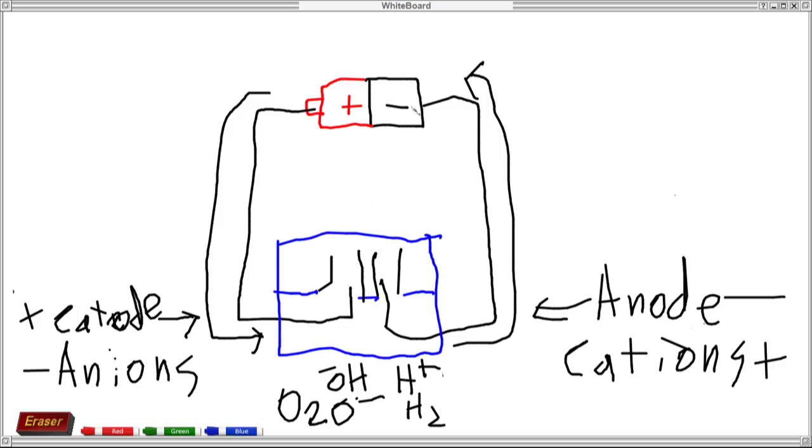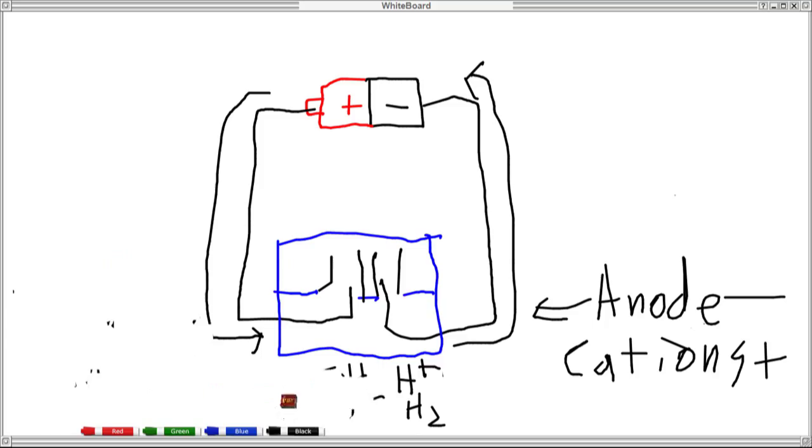Now, one thing that I want to make clear is this. Water is not conductive, and I'm not just talking about regular tap water.